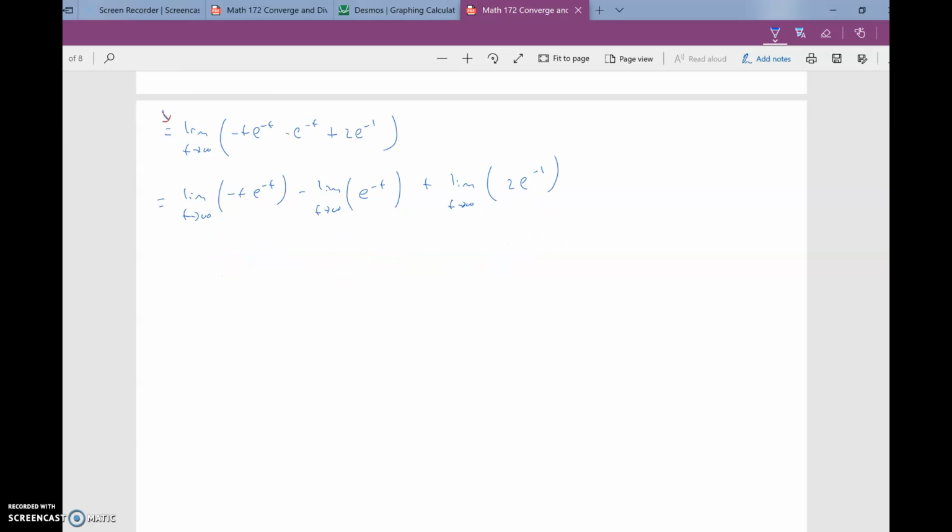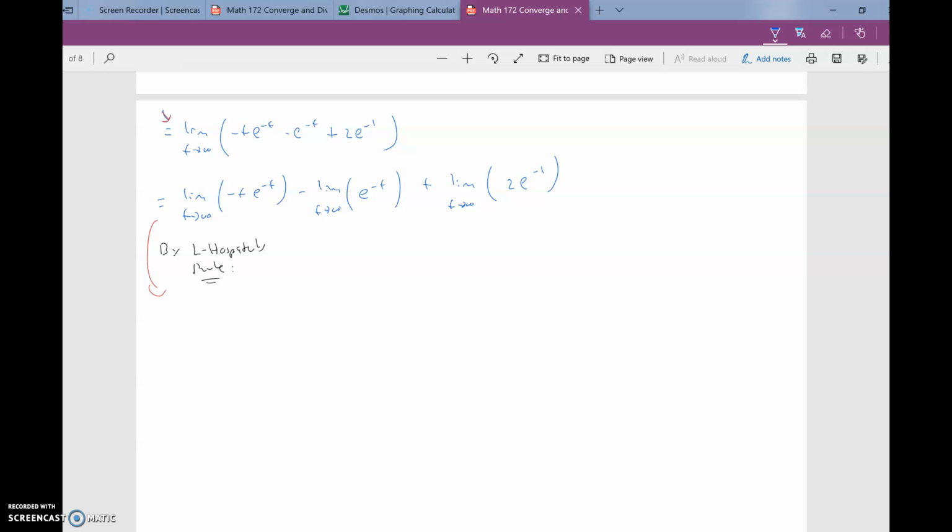Okay, so the first one is an indeterminate form. So I'm just going to use L'Hopital's rule. So by L'Hopital's rule, we're going to actually have the following.